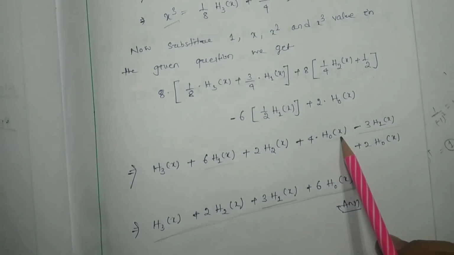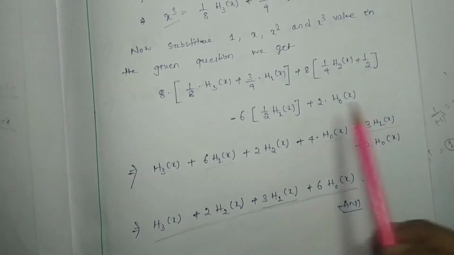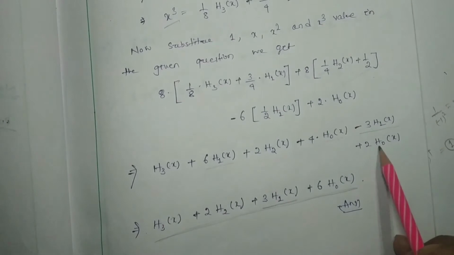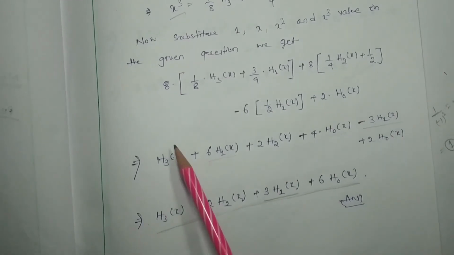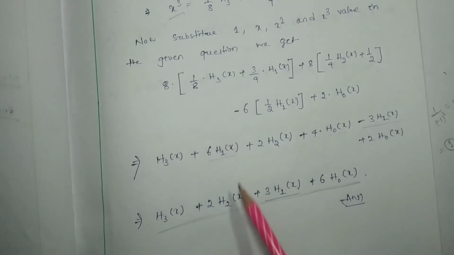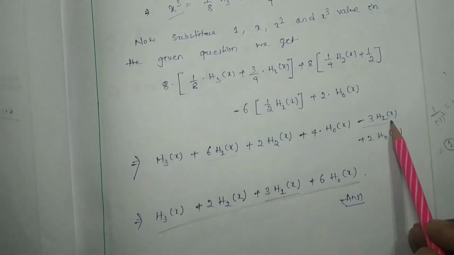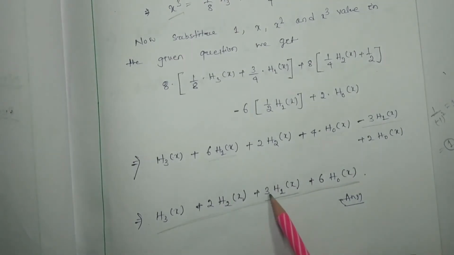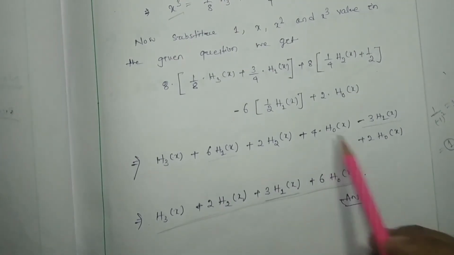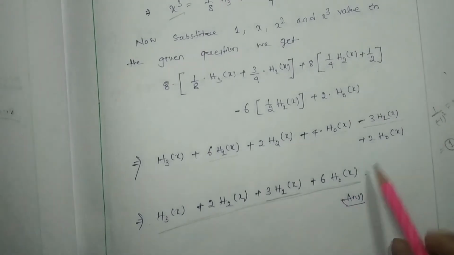Then 6 into 1 by 2 will be minus 3H1(x), plus 2H0(x). So we have H3(x), then 2H2(x), then 6H1 minus 3H1 gives 3H1(x), then 4 plus 2 gives 6H0(x).